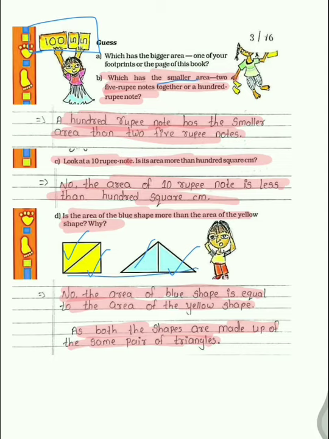These 4 triangles are of the same measure. Just the arrangement of these 4 triangles is changed. So they occupy the same place. So the area of both the shapes, rectangle and triangle, is equal. Clear?